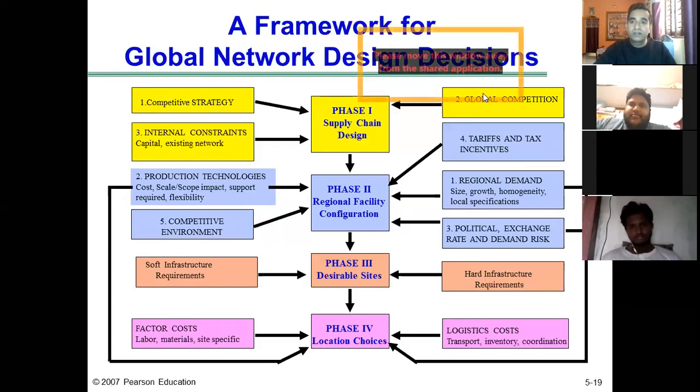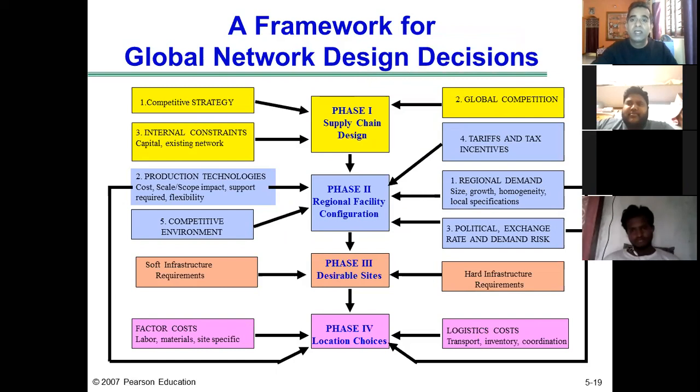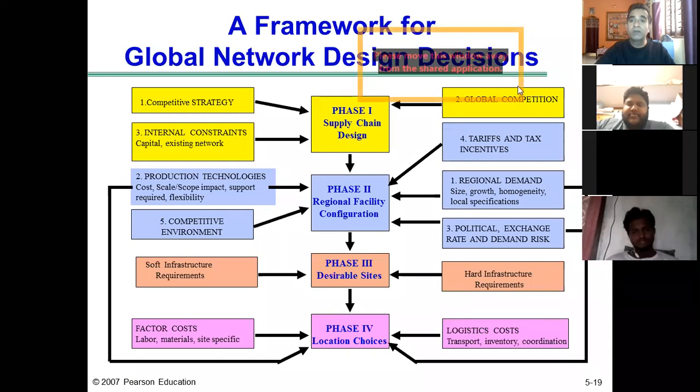And the second factor that needs to be considered here is global competition. So if Domino's is going to design its supply chain around the business model of satisfying the customer needs in a unique way, whom are they competing against? Directly they'll be competing against Pizza Hut and other restaurants. Other than that, other quick service restaurants like McDonald's, KFC also, they will be competing.